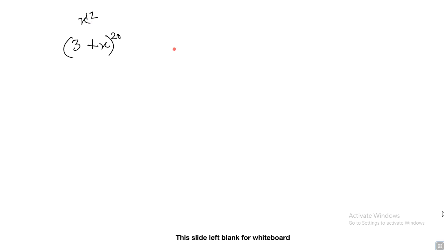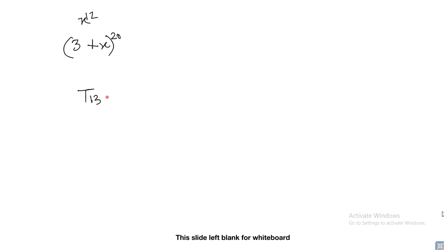I'll just work out the question on my paper first. Just by seeing the question, there are 21 terms altogether. So x to the power 12 will be the 13th term.